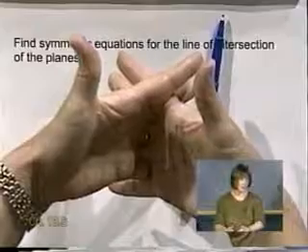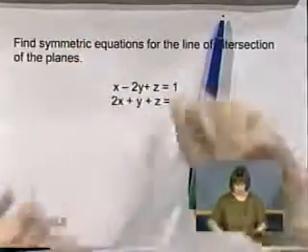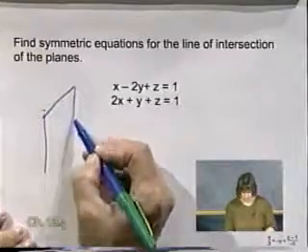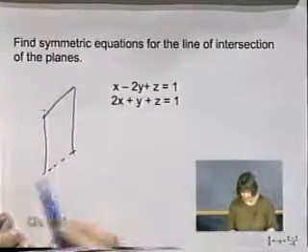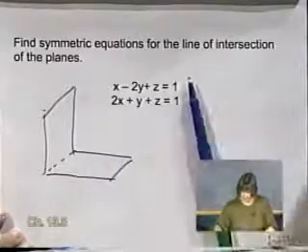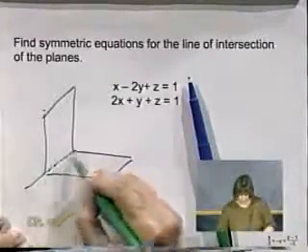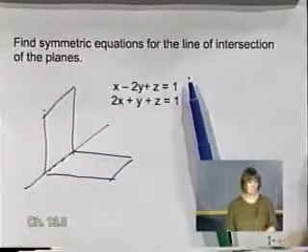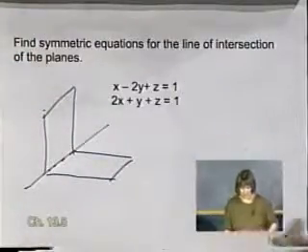A line. So I have one plane like this, and maybe the other plane is going off like this, and there's some line that's common to both of those. And I want to get the equation of that line.